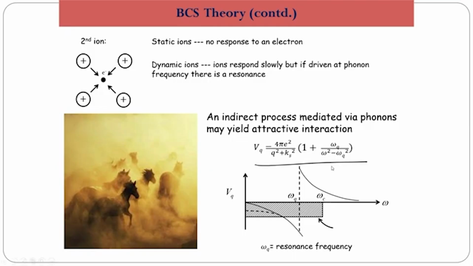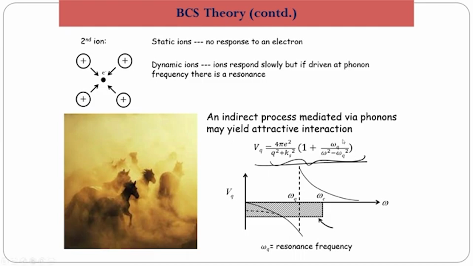If omega square is less than omega_q square, this term can become negative, and if its magnitude becomes greater than 1, then you will have an effective negative sign arising in this equation, and that will give rise to superconductivity.